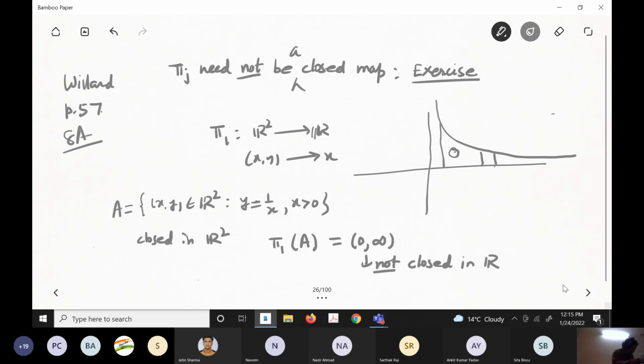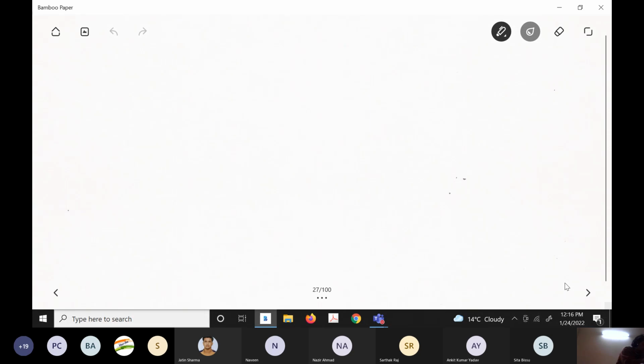He has actually asked to prove what I did: that projection is continuous and open, and projection need not be closed. But now look, he's saying if you take this map, I is the unit interval with the usual topology.